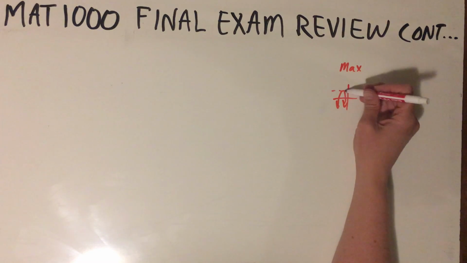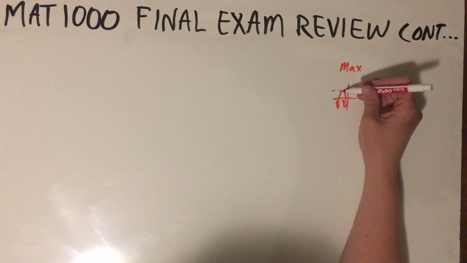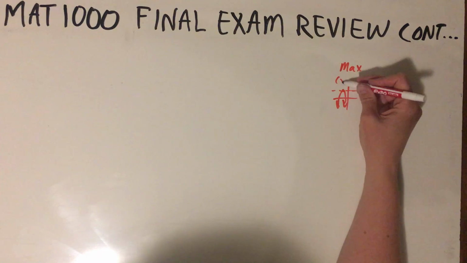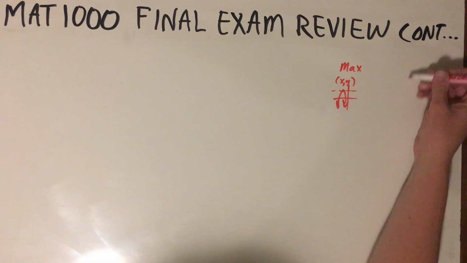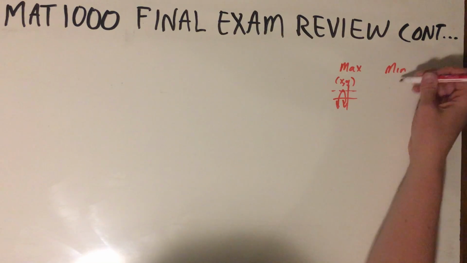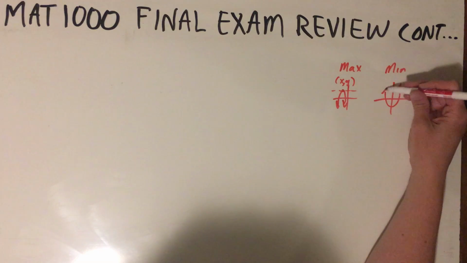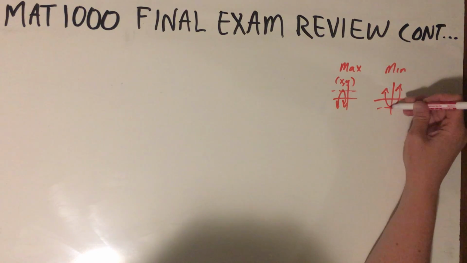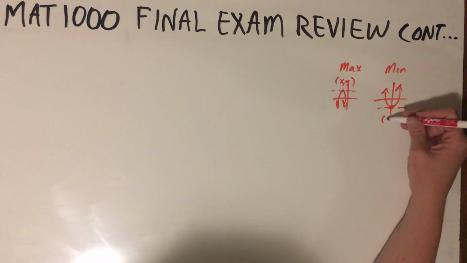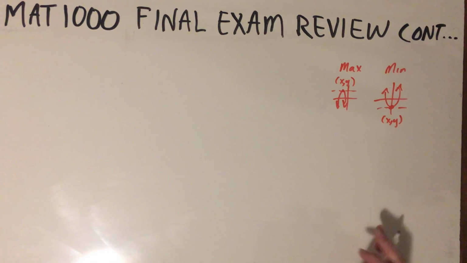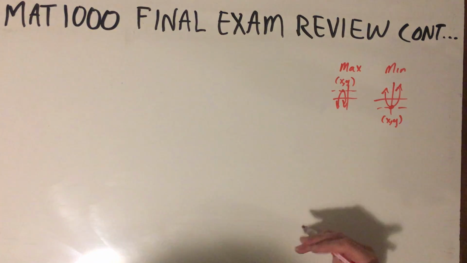Then this point right here would be our maximum point, which is at this vertex of x and y. And we can have a min if I have a parabola that opens upward. This xy vertex here would be the minimum value. We'll never go below that.